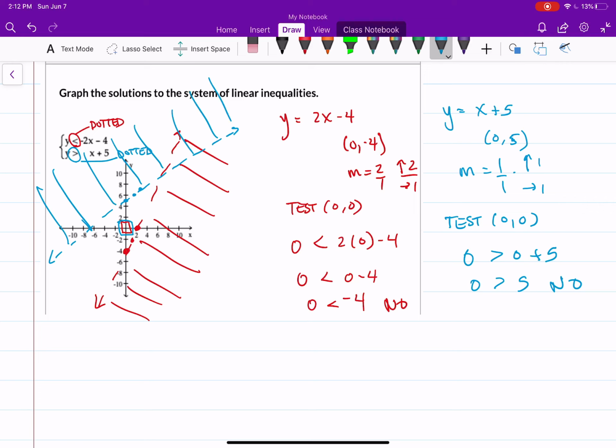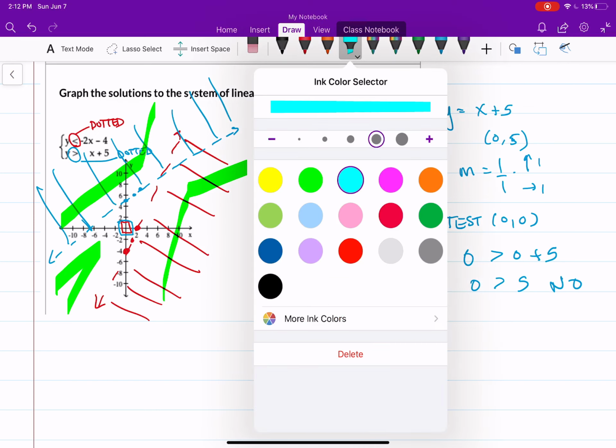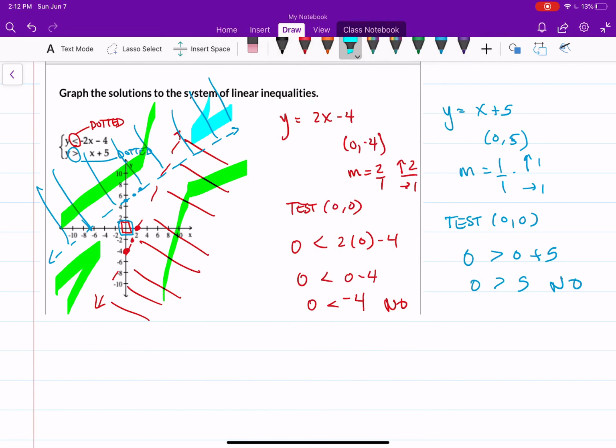Okay, now what you're noticing is that I have 4 regions, right? I have this region here that has nothing shaded. I have this region here that is only shaded in red. I have this region right here which is only shaded in blue. Now, this region right here, if you notice, is actually shaded twice.